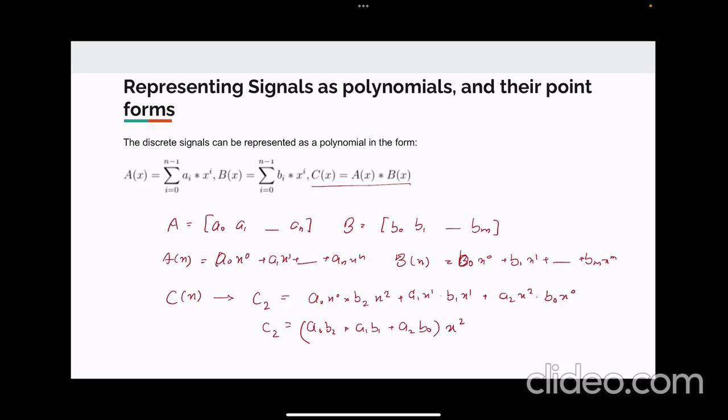It will be C2. So as you can see, we can directly multiply both of the polynomials to get a new polynomial C, which is our convoluted signal. This is a really important observation.